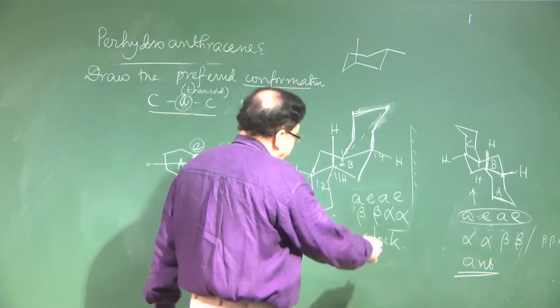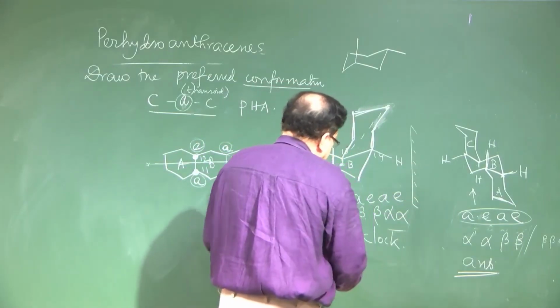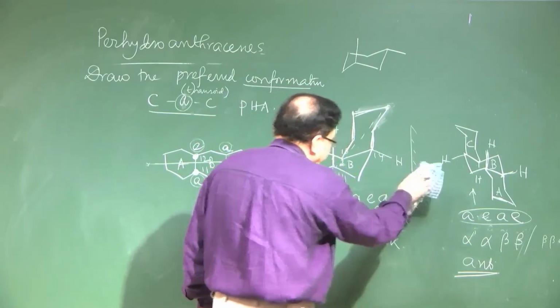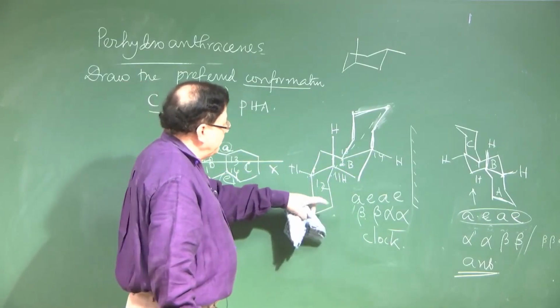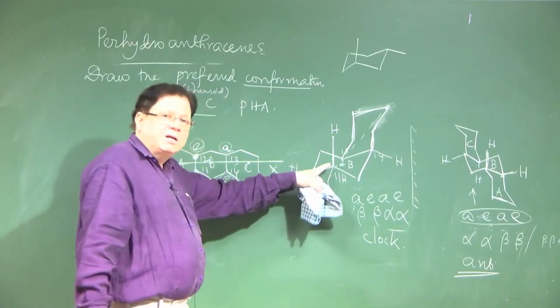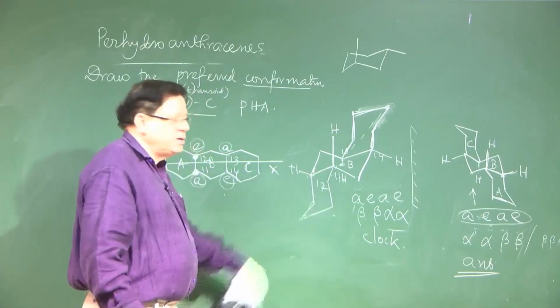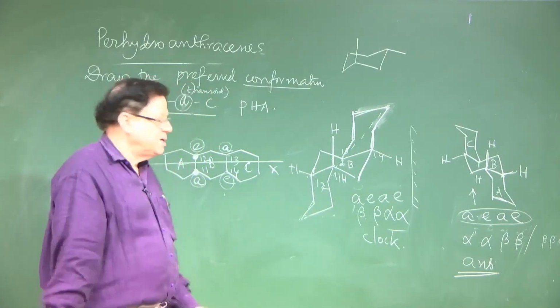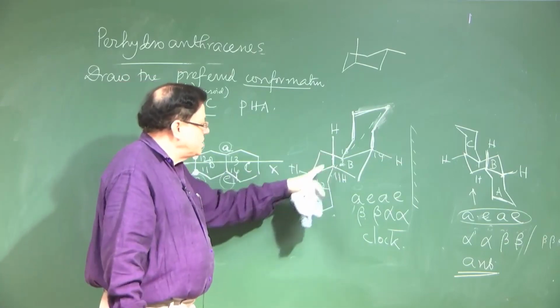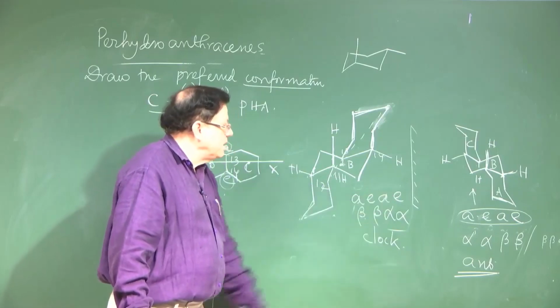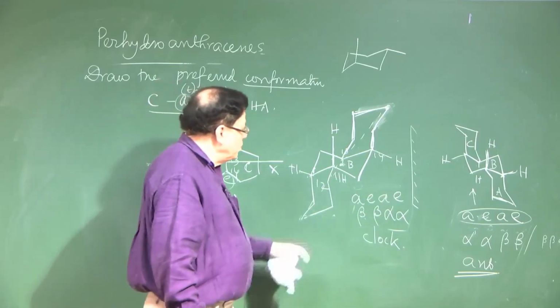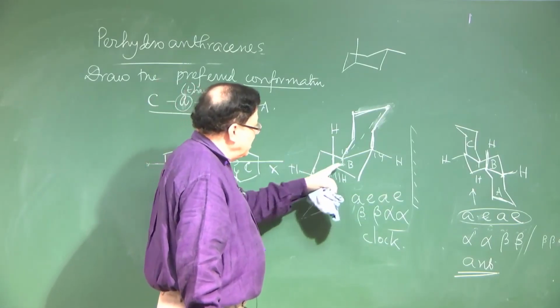Okay, so this is the situation, we are trying to compare these two, and here we decide to go from an axial. Our mnemonic says that you first fix the axial equatorial nature. So, axial, equatorial, axial, equatorial, axial, equatorial, axial, equatorial. Then it could be beta, beta, alpha, alpha.